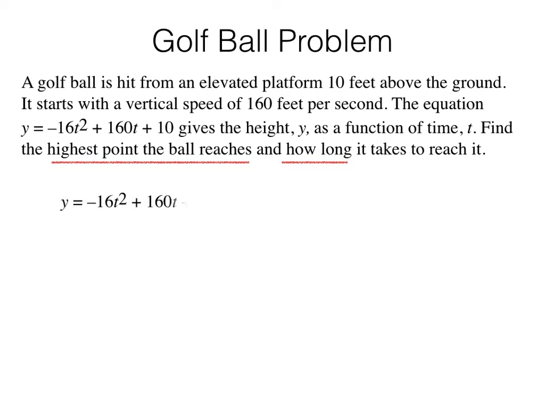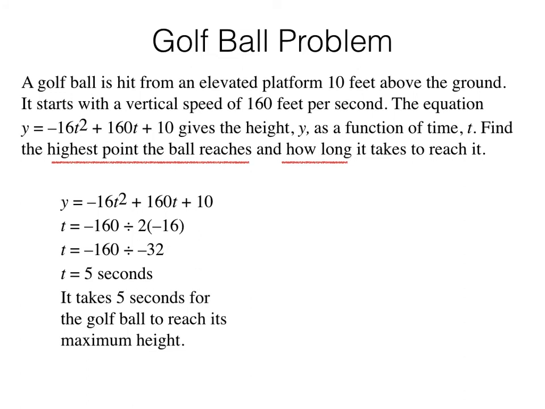So our equation is negative 16t squared plus 160t plus 10. Our axis of symmetry is negative b over 2a, so negative 160 divided by 2 times negative 16. That's negative 160 divided by negative 32, 5 seconds. It takes 5 seconds for the golf ball to reach its maximum height.